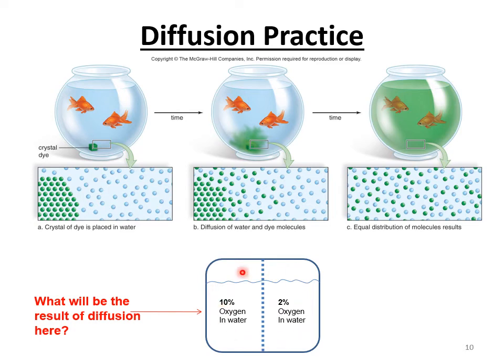So the total in this container is 12% oxygen total. And how would it be equal? Well, cut it in half. So you take the total and divide it in half, and 12 divided in half is 6. So you would end up with 6% oxygen on the left side and 6% oxygen on the right side.